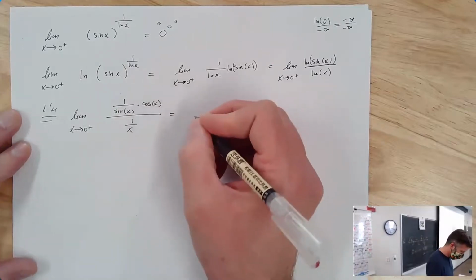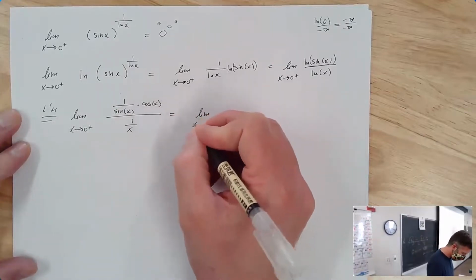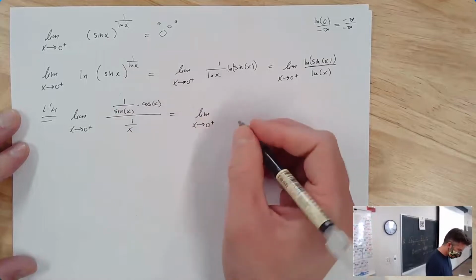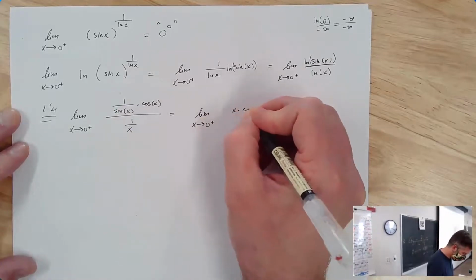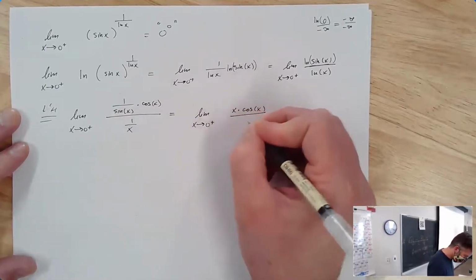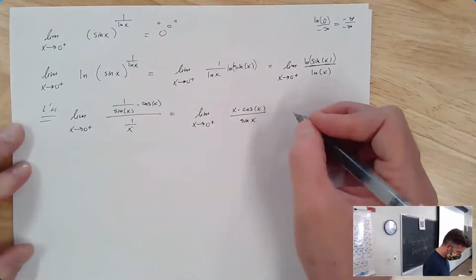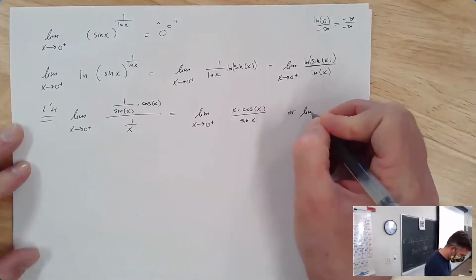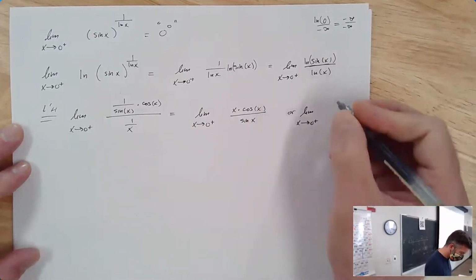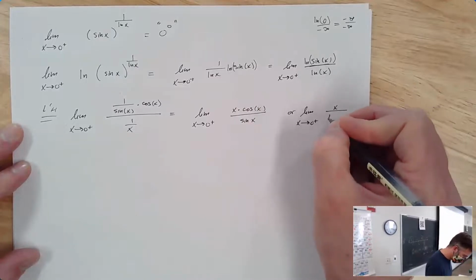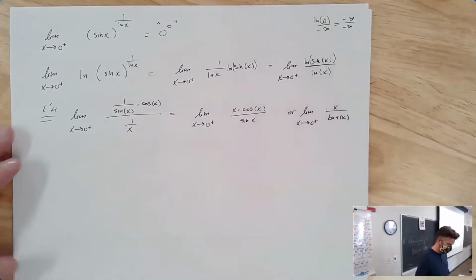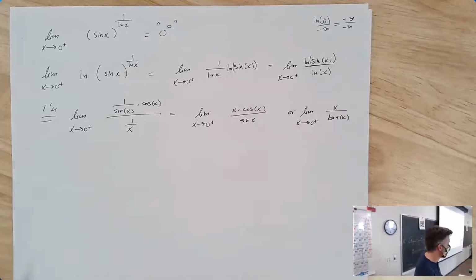I'm going to rewrite this as the limit as x goes to 0 from the right of x times cosine of x over sine of x. That's a perfectly fine way of writing it. You could also write it as the limit as x goes to 0 from the right of x over tangent of x. That would also be fine.